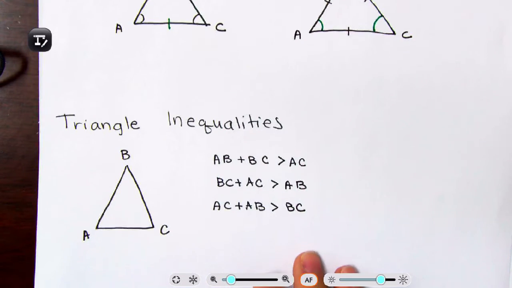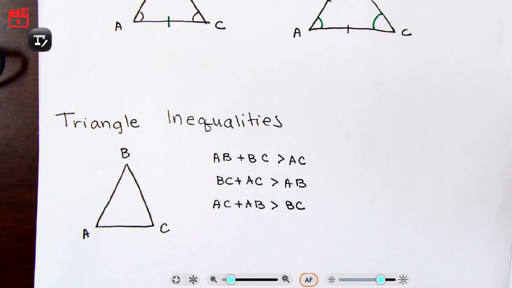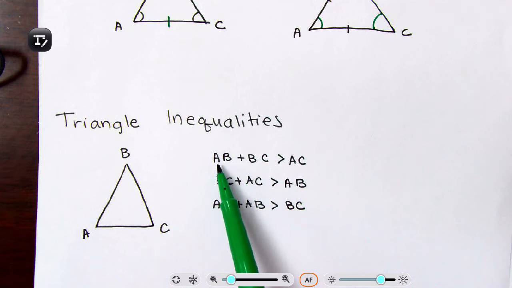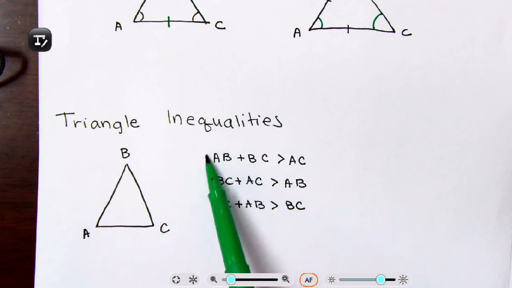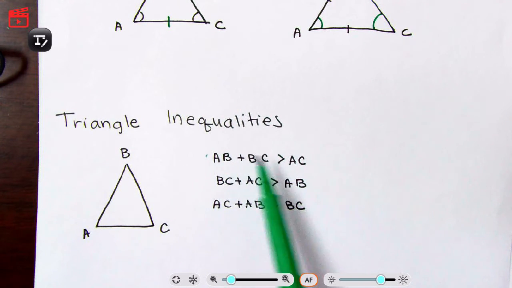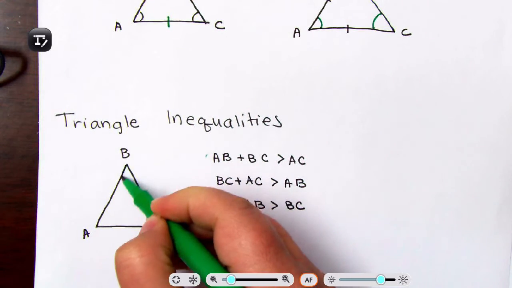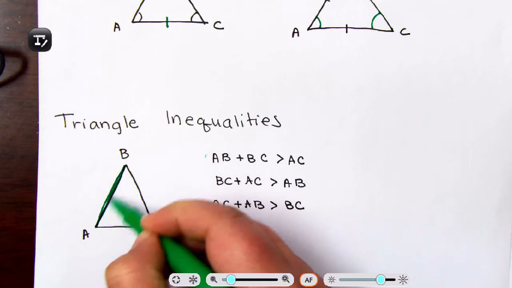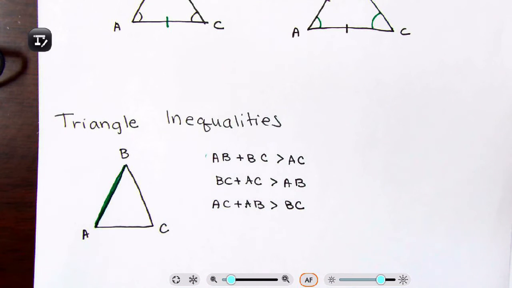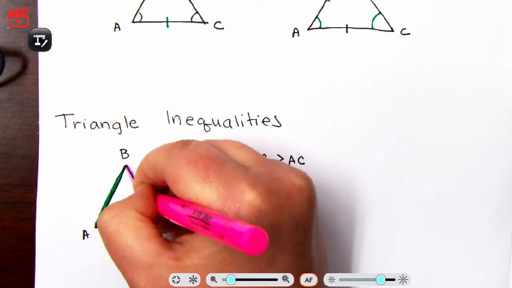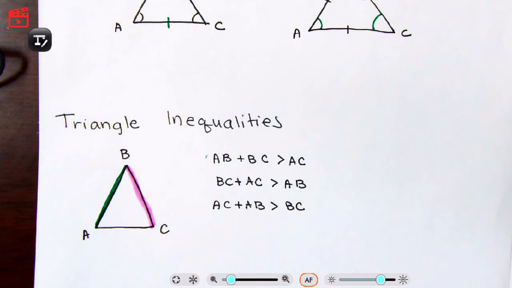For triangle inequalities, that is when you create a triangle or test if a triangle can exist. That means that we have the two sides, it doesn't matter which two sides, they have to be greater than the third side. So for example, if we take this side right here, I'll try to draw it in green, and if we have this side right here, when I add those two side measures together, they need to be greater than this third side.